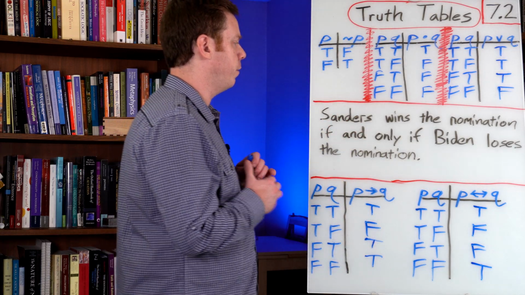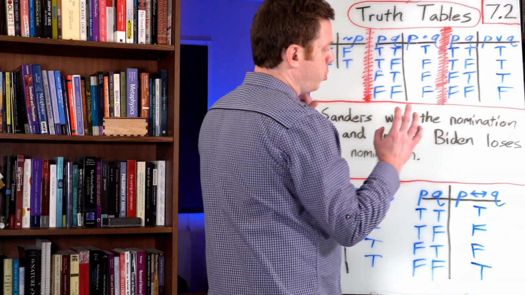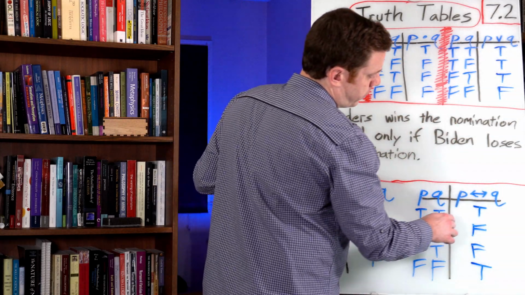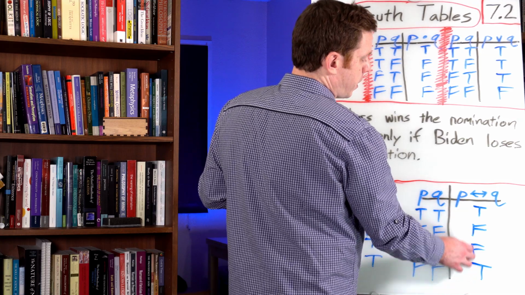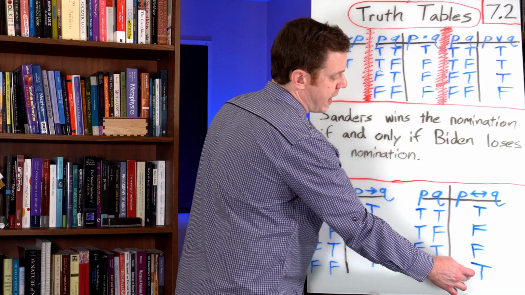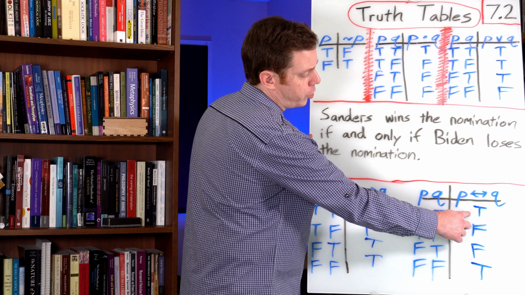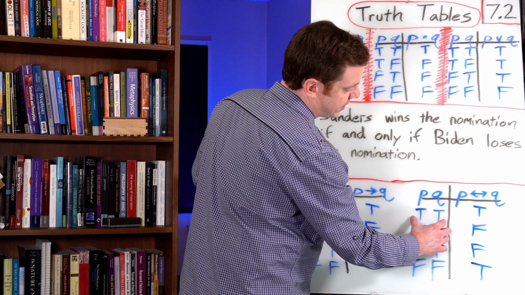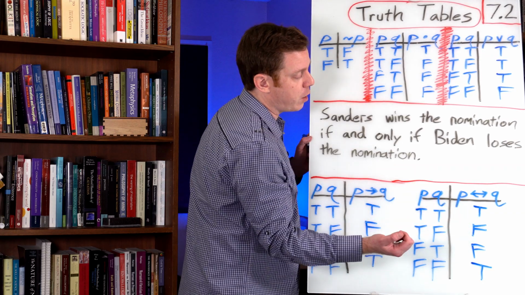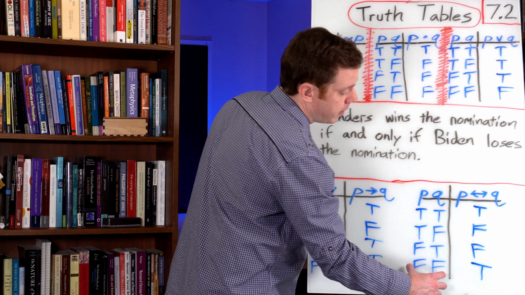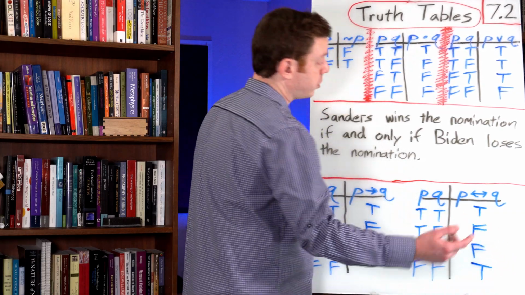in terms of a biconditional as two conditionals together. But notice the pattern here. You've got a biconditional is going to be true half the time. So it's true basically when both sides have the same truth value. If both sides are true, well, that works. The biconditional is true. If both sides are false, well, that still works, right?